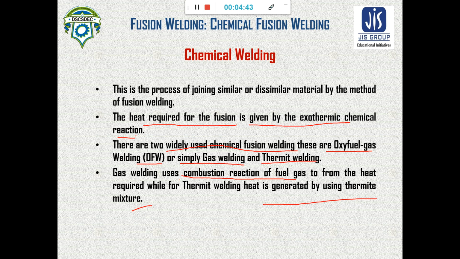So the chemical reaction will be different for these two processes, but both are exothermic reactions, and heat will be generated throughout the reaction, so the required heat for fusion will be generated from the chemical reaction. So that is it for chemical welding.